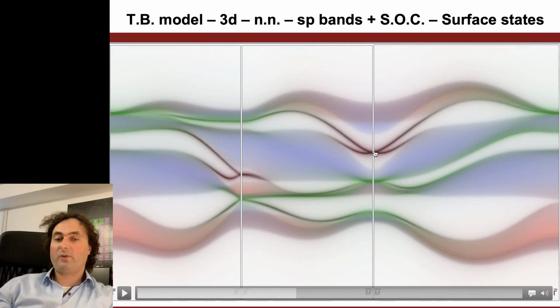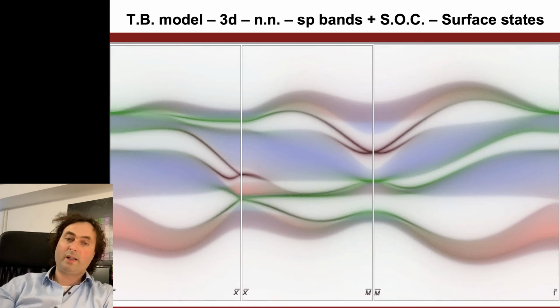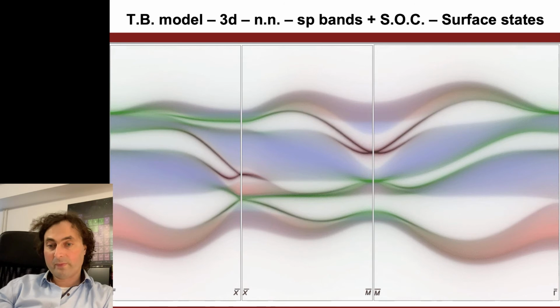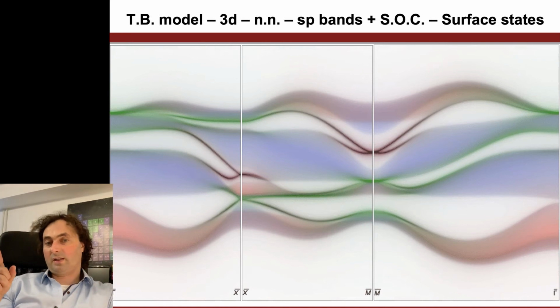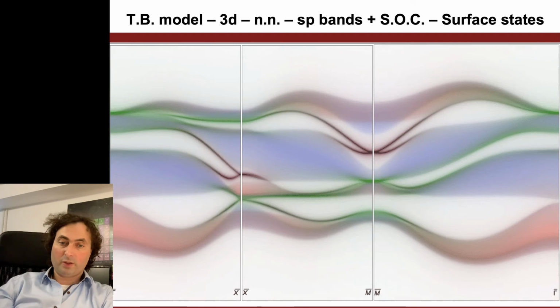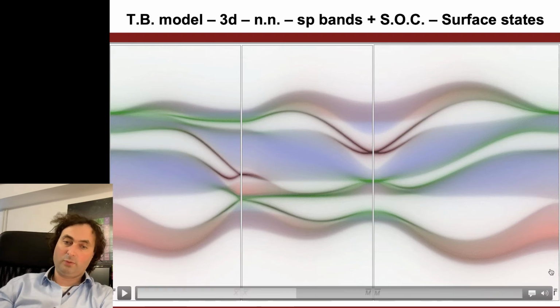But when you move away from those high symmetry points, you can lift that degeneracy. Now we still have time reversal symmetry. So the state at k with spin up must be degenerate with the state at minus k with spin down. But spin up and spin down don't have to be degenerate with each other anymore.